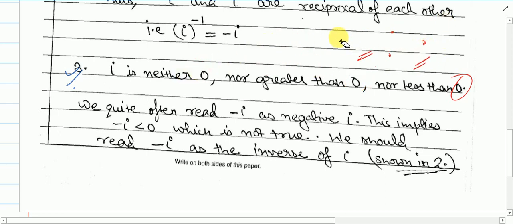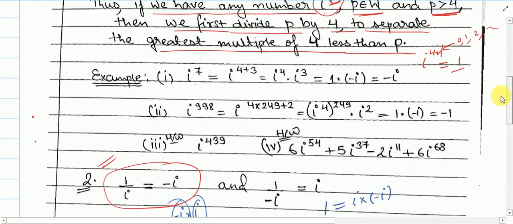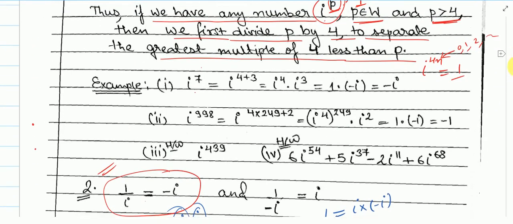This type of question you don't get in examination. This is only for your concept, so that you are not confused that when I put minus i, it doesn't mean that this is less than 0. Okay, this is done.